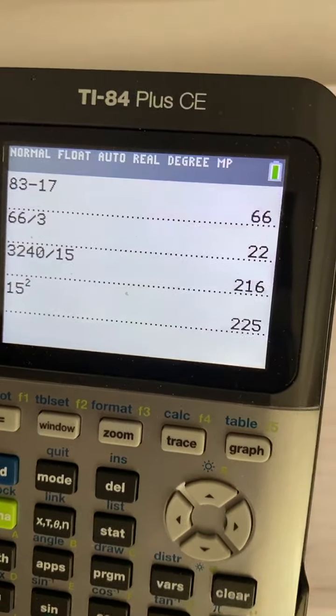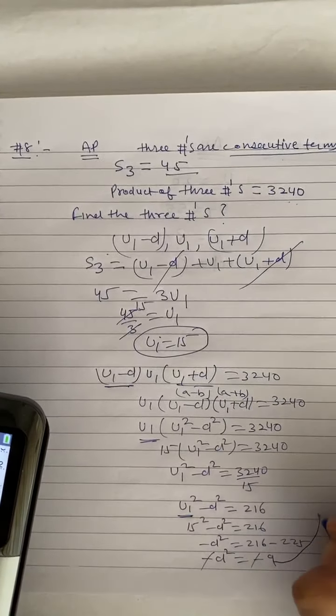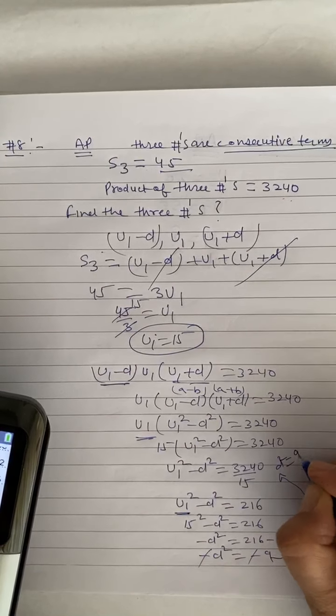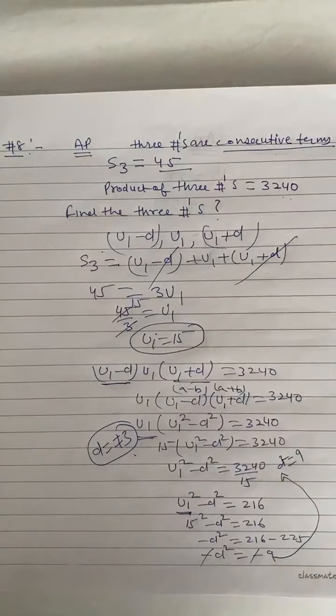Then I subtract 225 from 216, which means minus d squared is equal to minus 9. The negative will get cancelled out. So d squared is 9, which means d is equal to plus or minus 3.